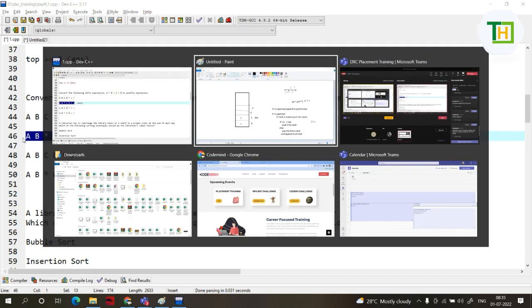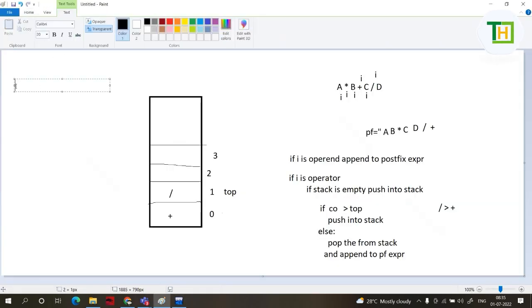If you are free, I'm going to give you expressions here. Just try to implement it. Okay. Star C divided by D minus E plus F. If you are free, just try to work these expressions.